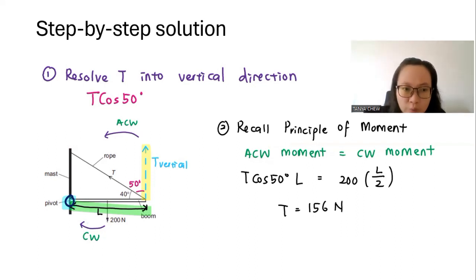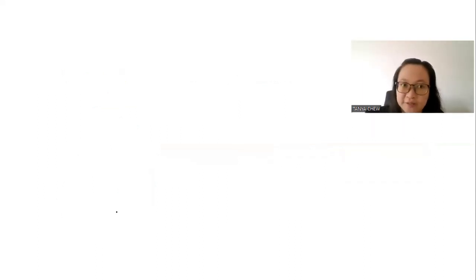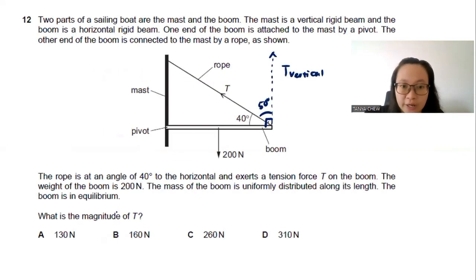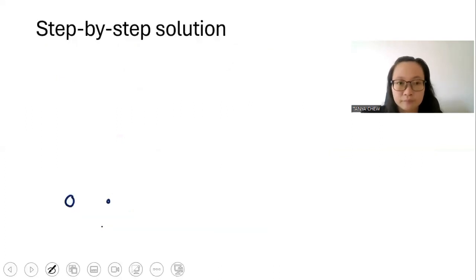So I just put L, which is 200, from 200 because it is pivoted at the center. So this is L over 2. When you solve it, the T that you're supposed to get is 156 Newton. I round it off to 160 Newton. So the answer is B.